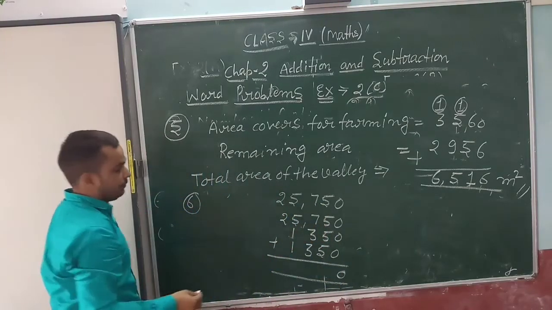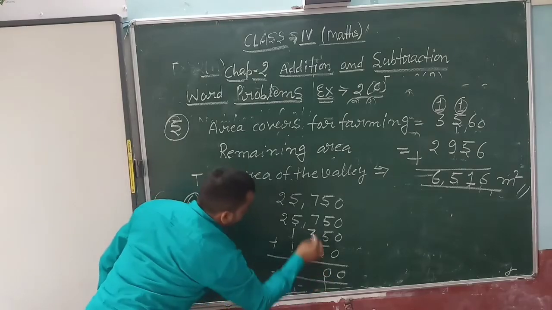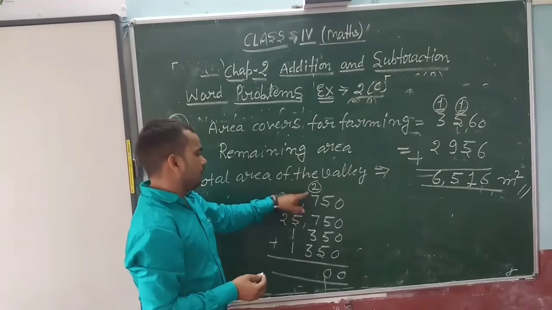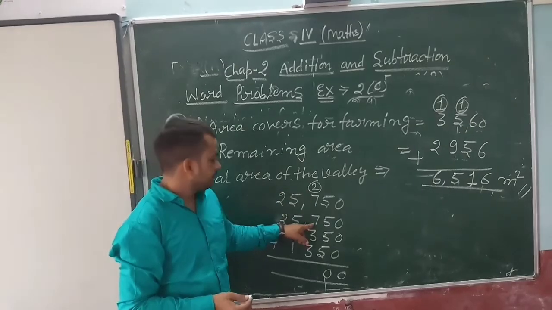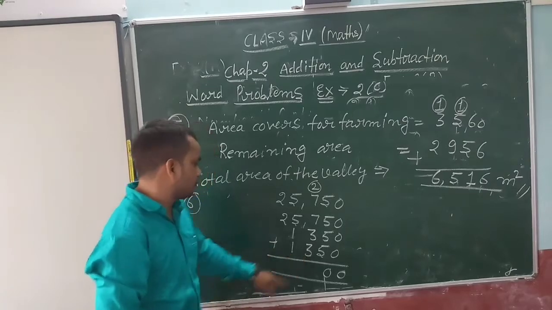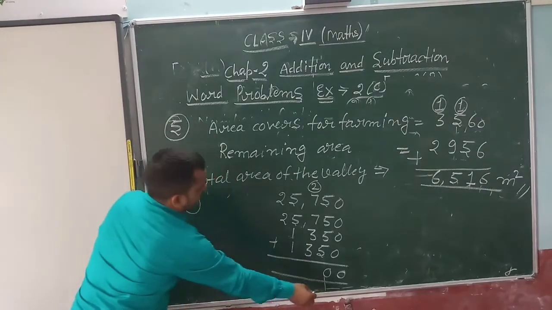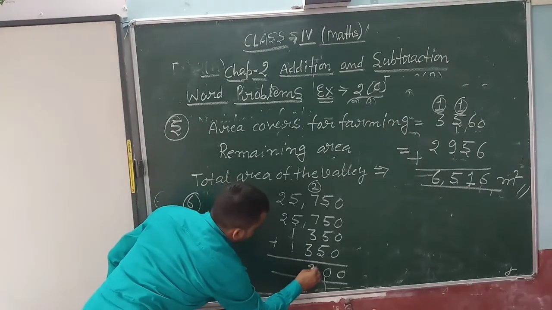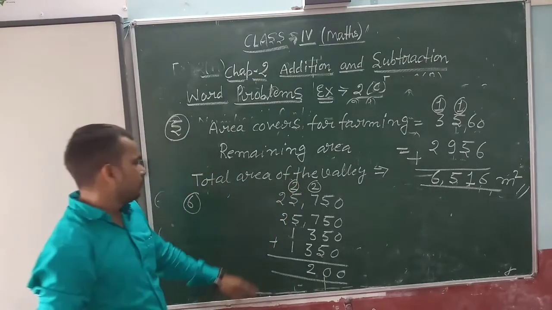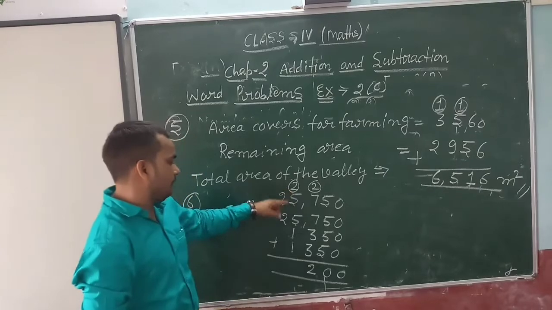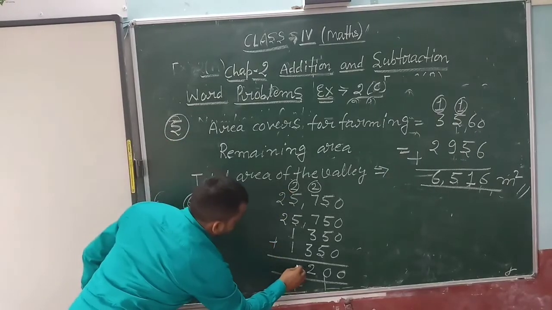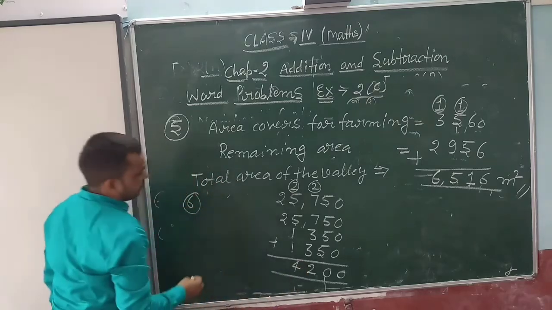5 4 times, so we have 20. 2 is carry. 7 plus 9, 16. 16 plus 3, 19. 19 plus 3, 22. Again carry out 2. 5 plus 2, 7. 7 plus 5, 12. 12 plus 2, 14.